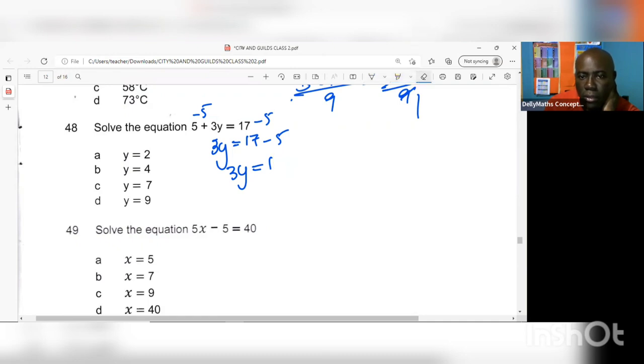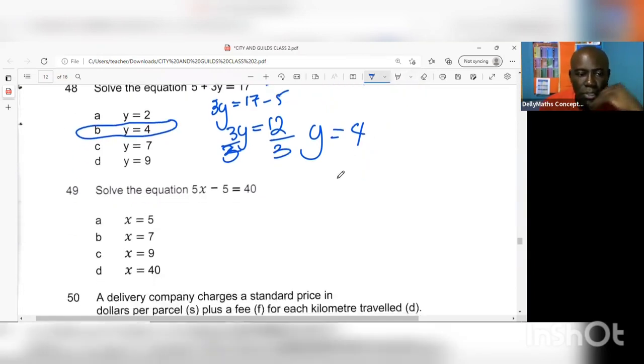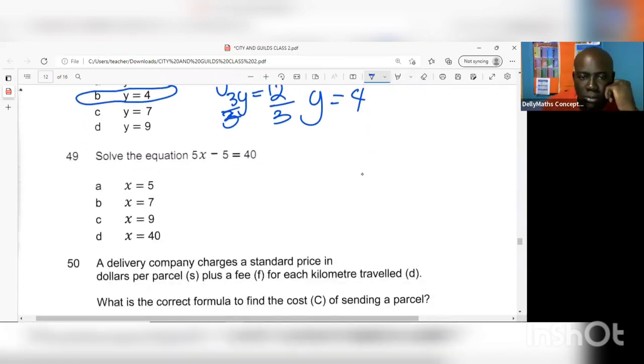Oh. 12 divided by 3, divided by 3, y is equal to 4. Solve the equation here. We're going to be adding 5. We're going to be adding 5. 5x is equal to 45, divided by 5, divided by 5, x is equal to 9.